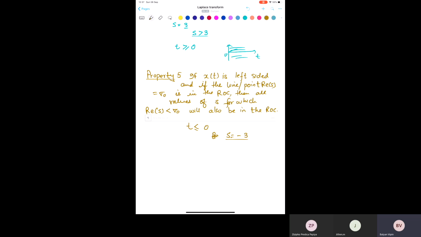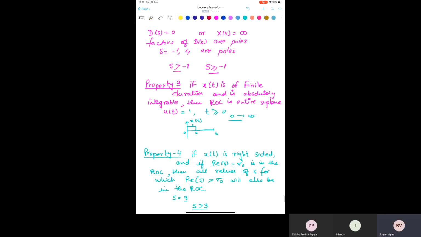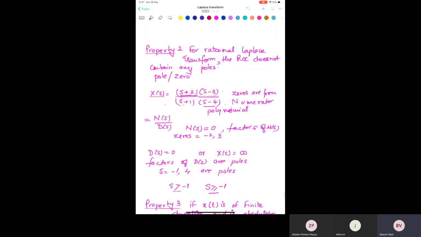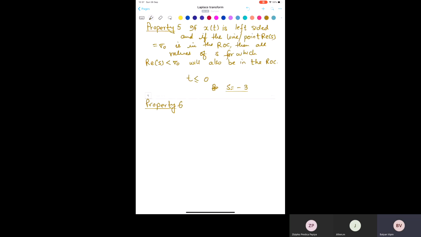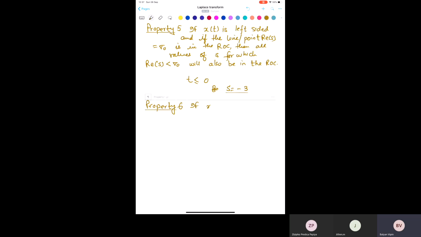Now, if the signal is a mix of these two, which is my property 6, did I write them wrongly? Property 1, yeah. If the signal is two-sided, if x(t) is two-sided, that means it exists on the positive side also and the negative side also. You can say right-hand side also and left-hand side also.